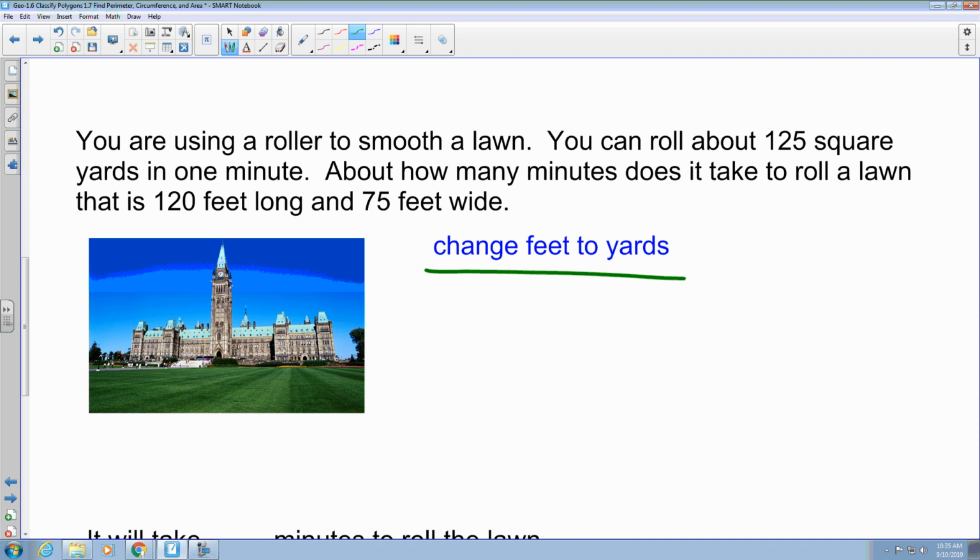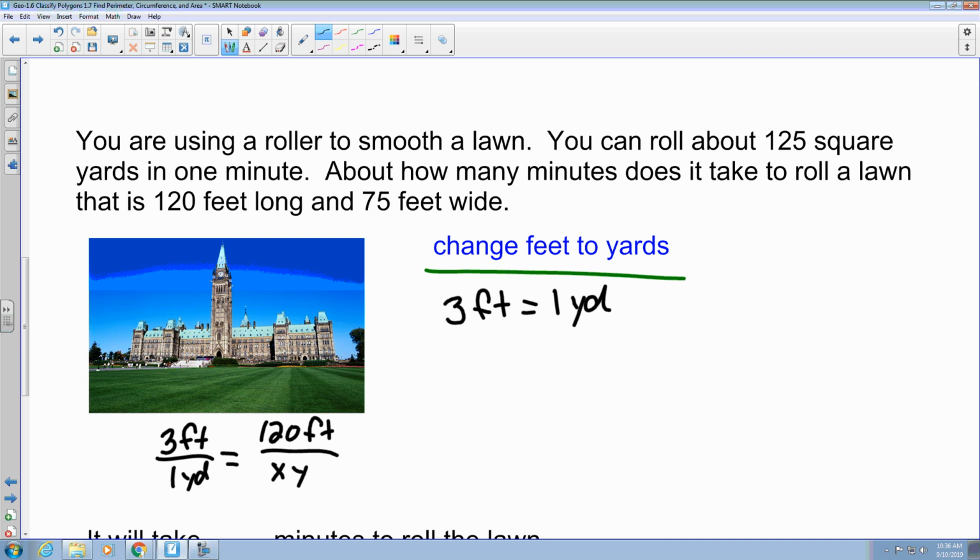So first things first, what is that change going to be? Well, 3 feet equals 1 yard. So if I have 120 feet, I can write this as a ratio: 3 feet over 1 yard is equal to 120 feet over X yards.